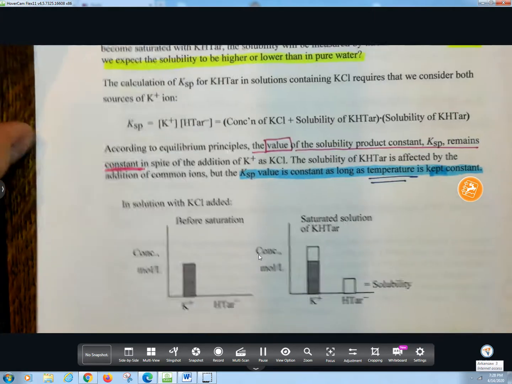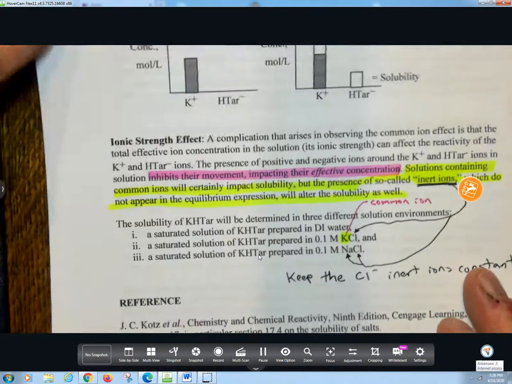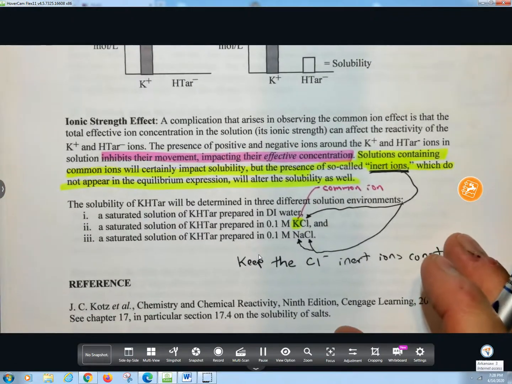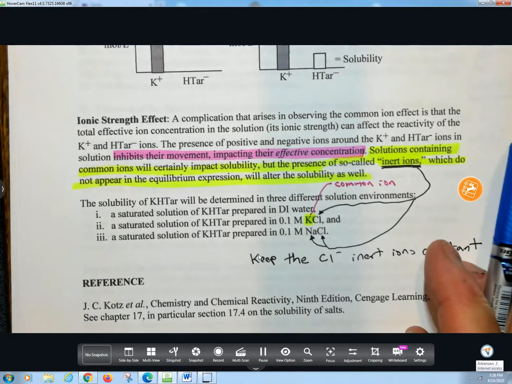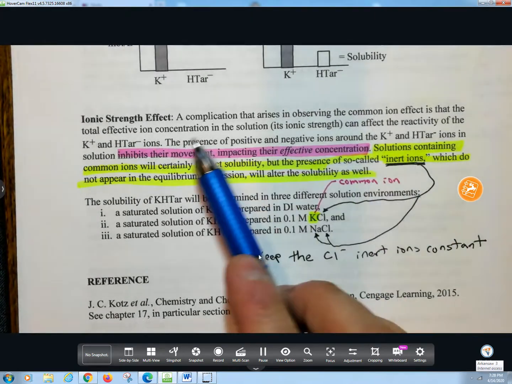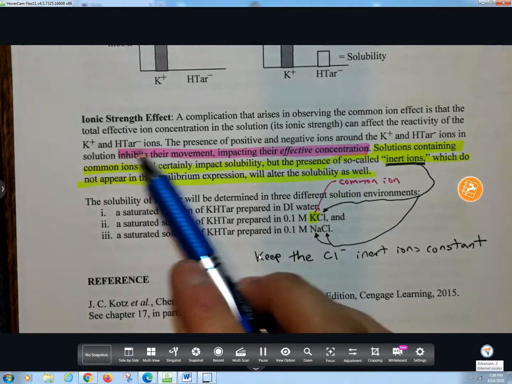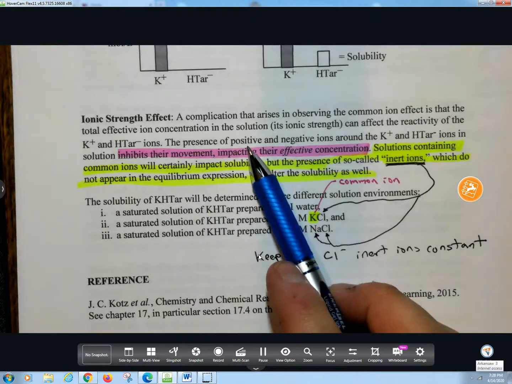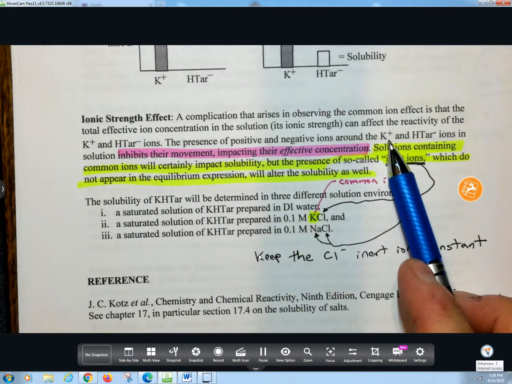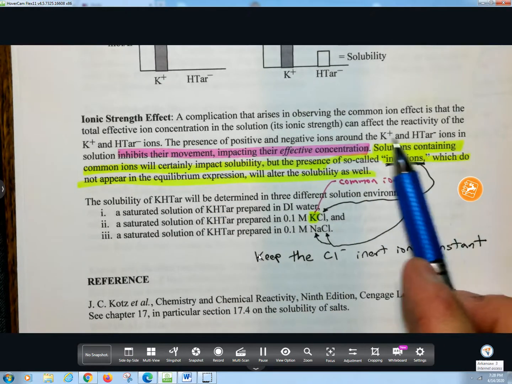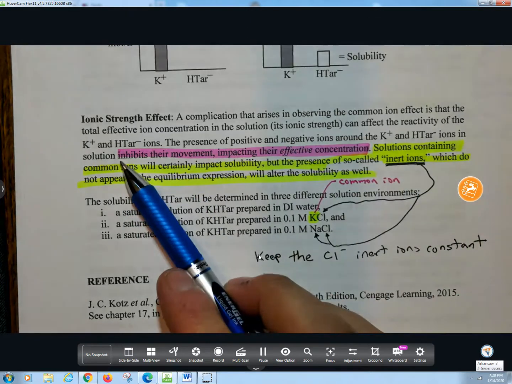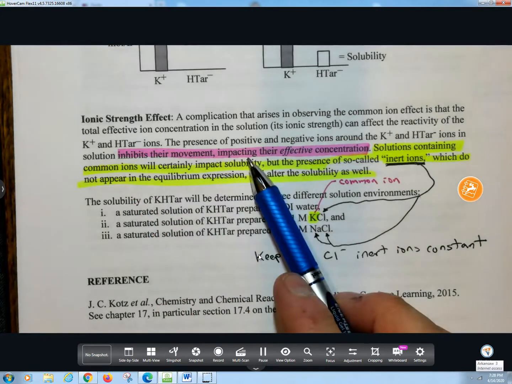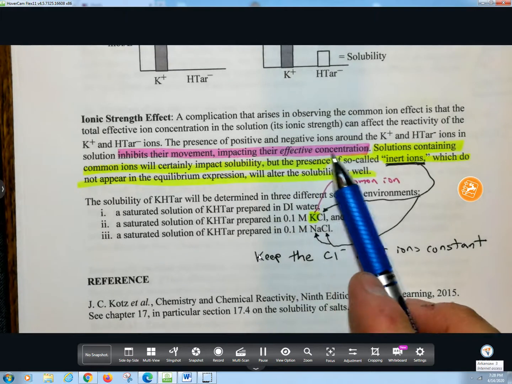So let's go down here. We've got to talk a little bit about ion strength. We know that with potassium hydrogen tartrate ions, the presence of positive and negative ions around these ions in solution inhibit their movement, impacting their effective concentration.